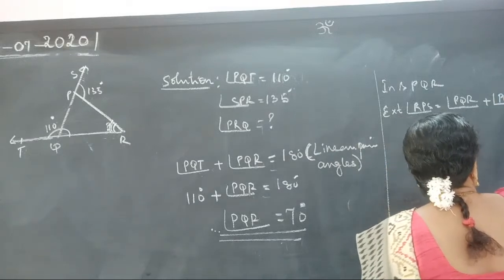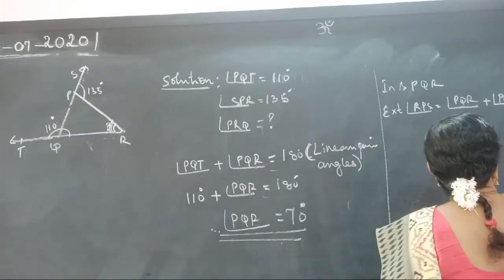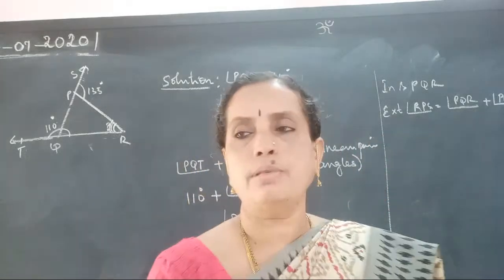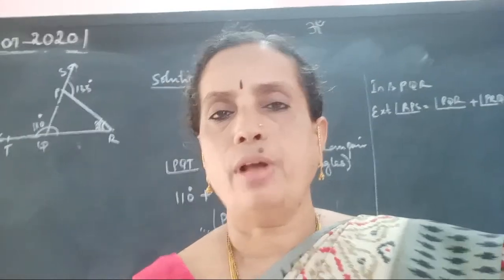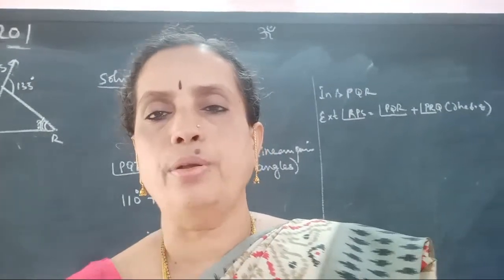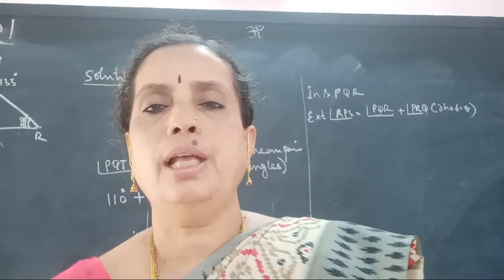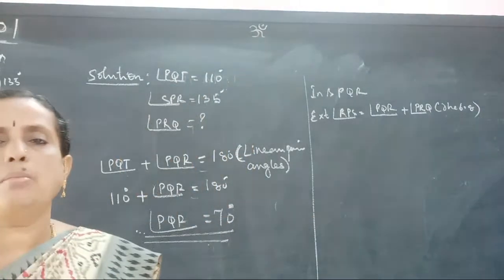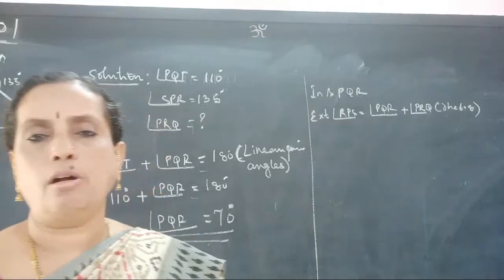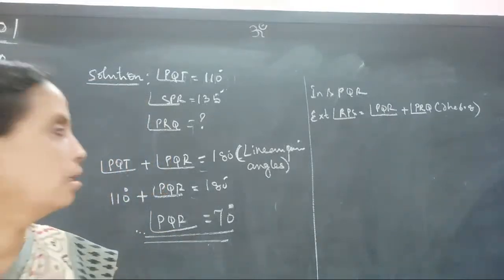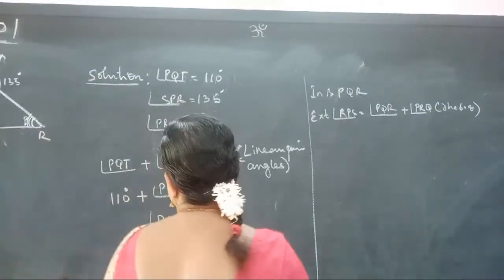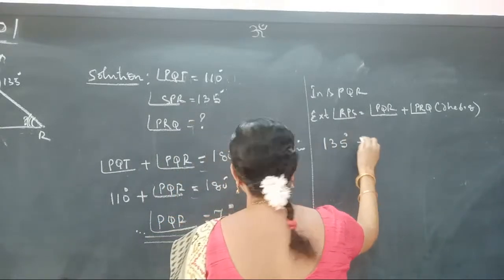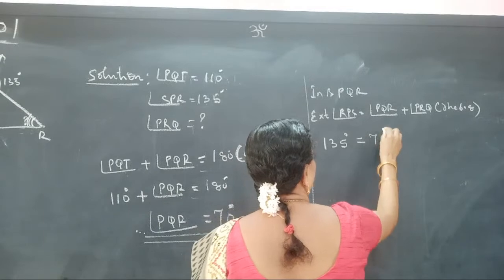In the bracket you write theorem 6.8. According to theorem 6.8, when one side of a triangle is produced, the exterior angle so formed is equal to the sum of the interior opposite angles. Now the exterior angle is given as 135 degree, PQR we found out as 70 degree.